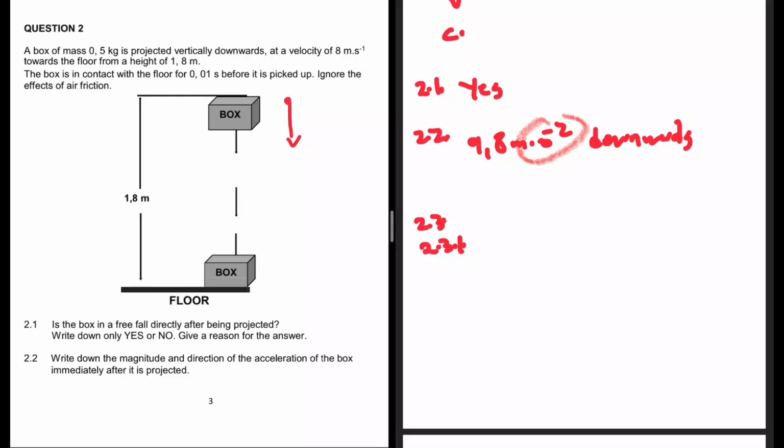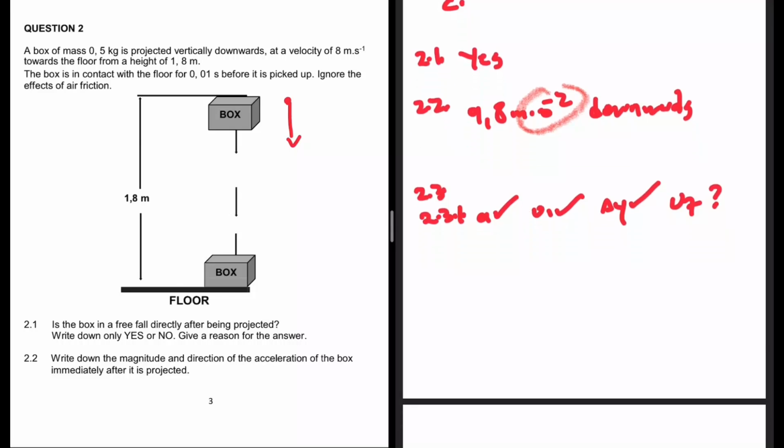So what do we have? We have acceleration, obviously, 9.8 meters per second squared all the time in free fall. We have the initial velocity, it is projected with 8 meters per second. And we have delta y, the height. It's not a building or anything, it's just been projected, but we have delta y, and now we're looking for VF.